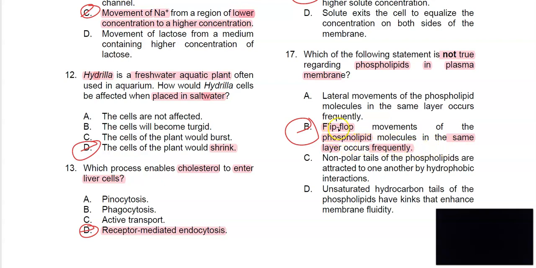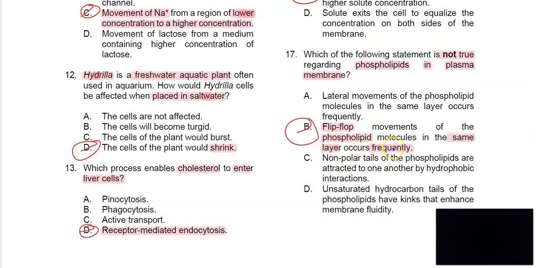Flip-flop movement involves the phospholipid molecules swapping place, where the phospholipid at the top layer will change its place from top to bottom, and the bottom layer will be at the top. So that is flip flop. So it says here in the same layer, so that is incorrect.